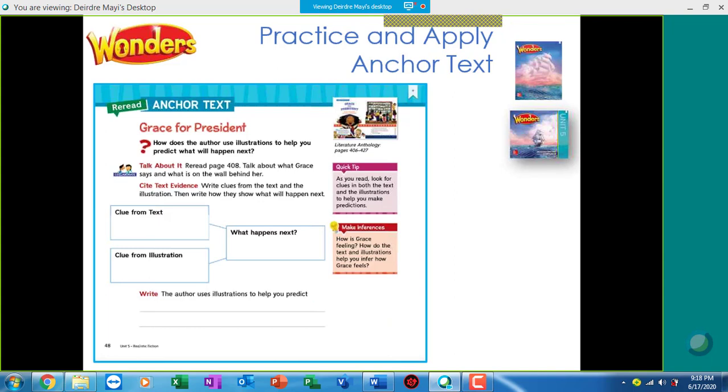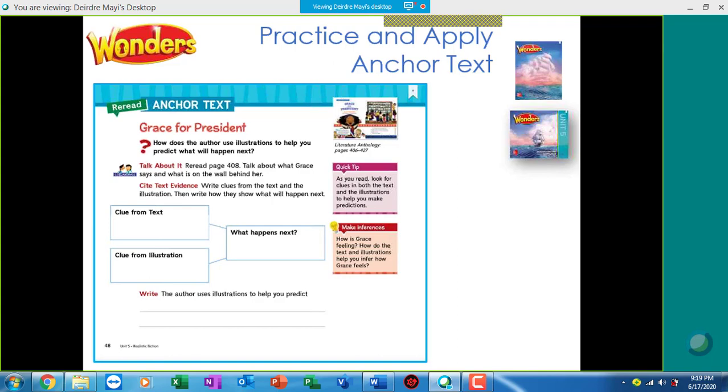So for this particular week, the anchor text is Grace for President. So, of course, the students will be supported in the reading of the text, but I wanted to focus on the rereading of the text.